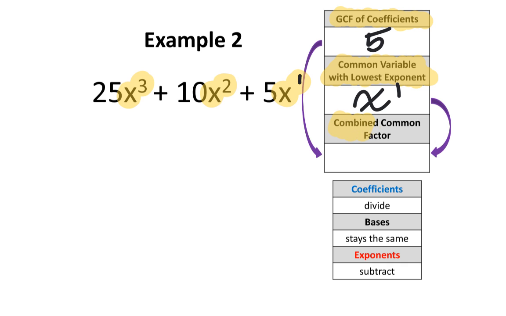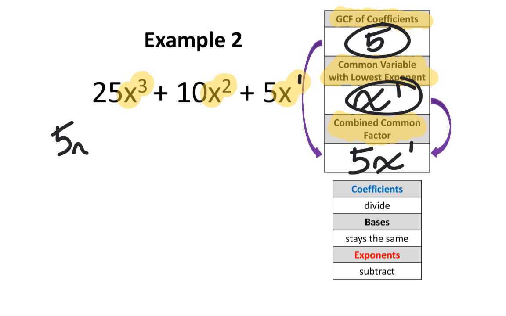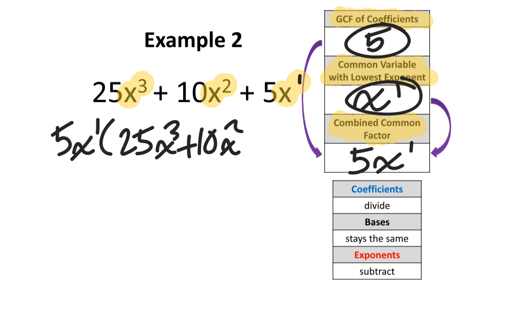Finding the combined common factor is pretty straightforward. All you do is combine this box with this box, and you get 5x to the power of 1. Therefore, that is the combined common factor. We're going to take that combined common factor and place it over here. The original expression is going to remain, but in brackets, unchanged.